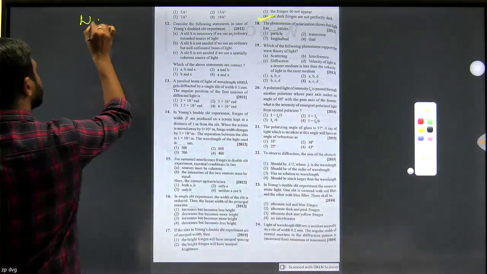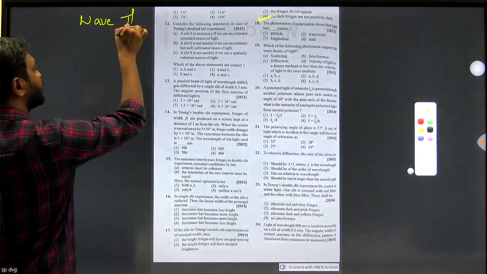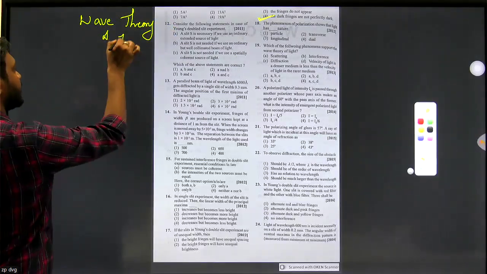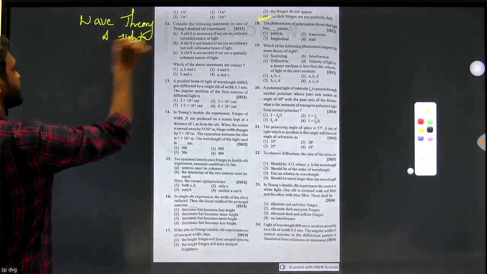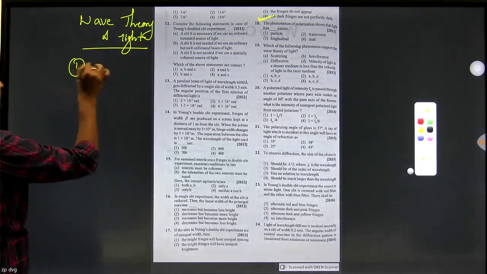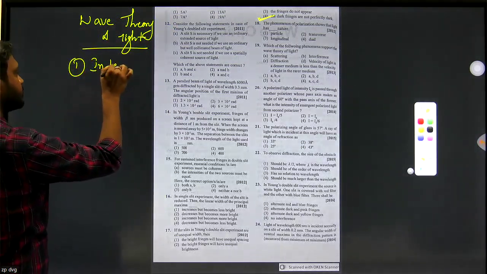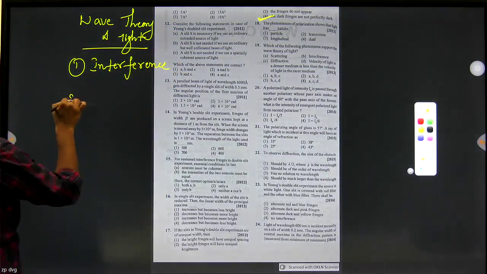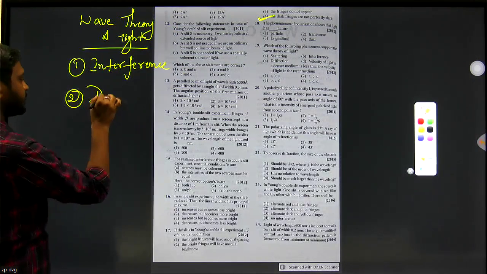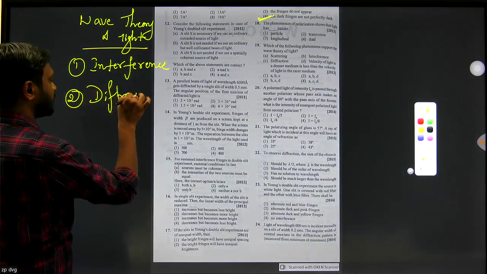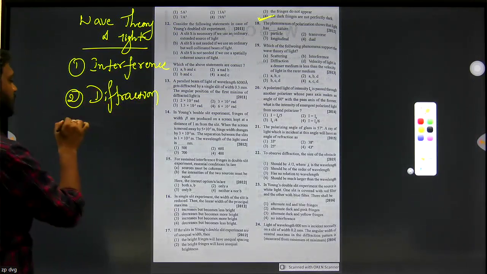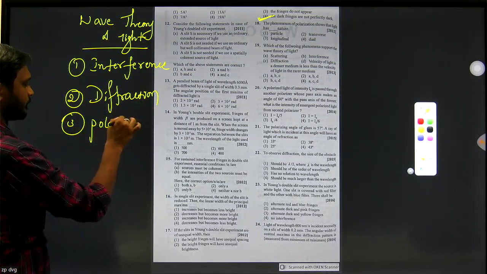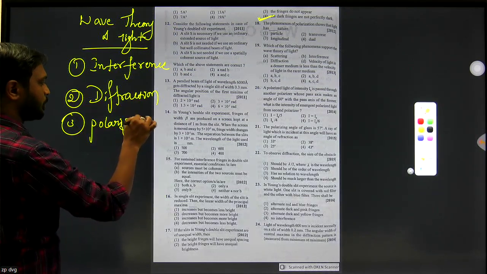The phenomena which prove the wave theory of light: first, interference; second, diffraction; and third, polarization.